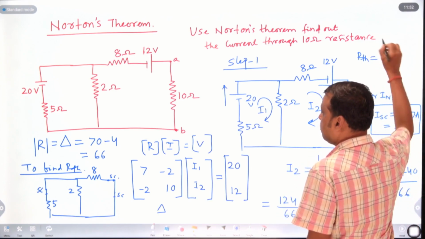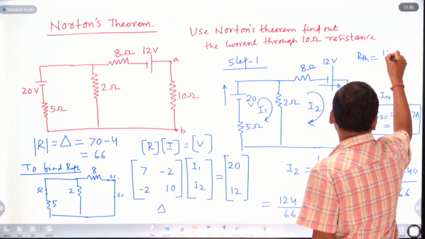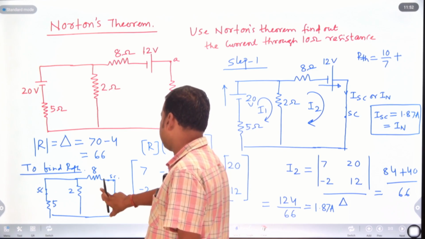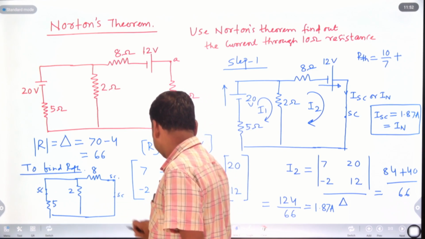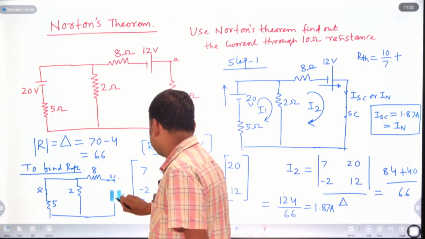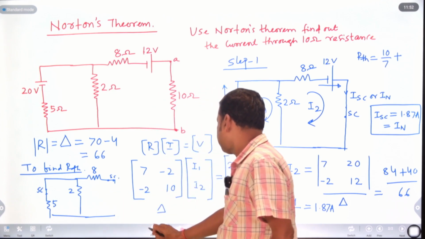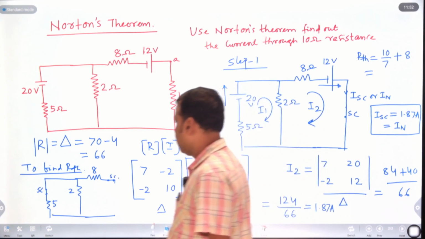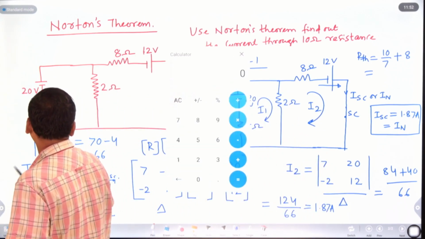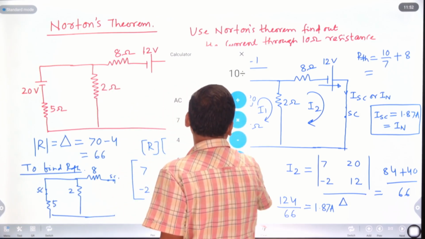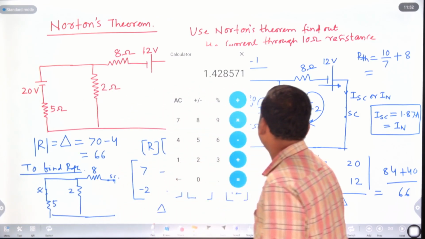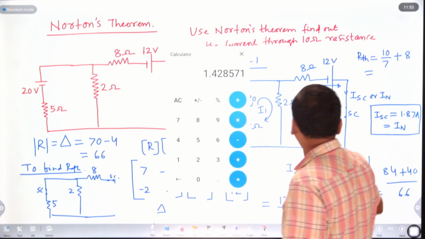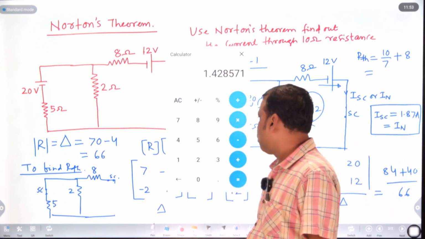So that is 5 into 2 by 5 plus 2, which is 10 by 7, plus 8. 10 divided by 7 equals 1.4285. This is your 5 ohm parallel to 2 ohm.